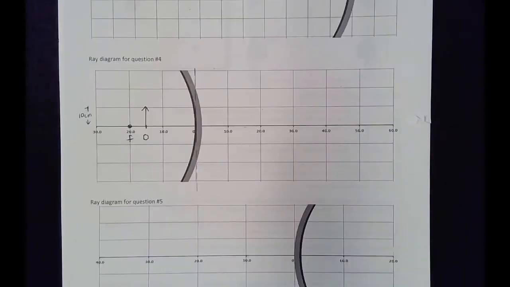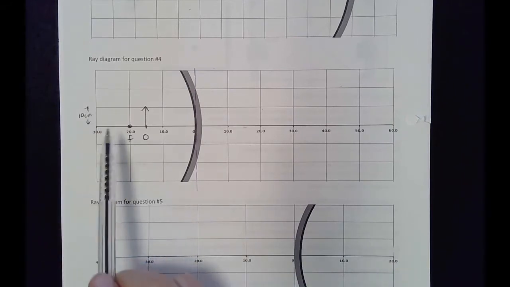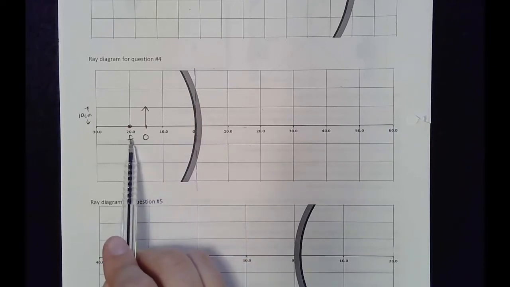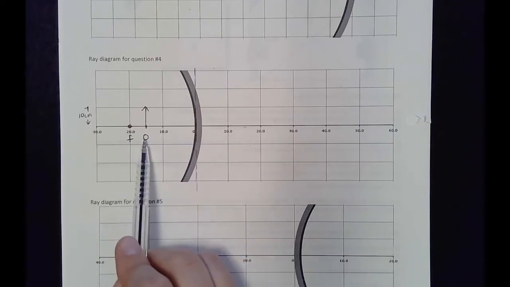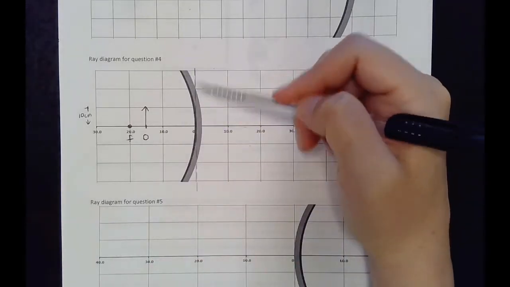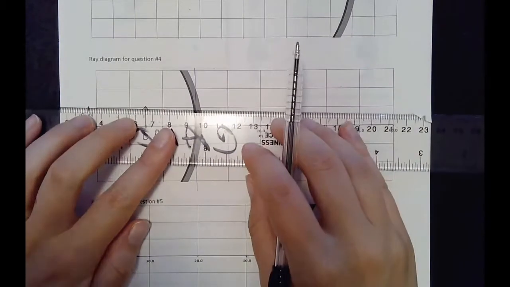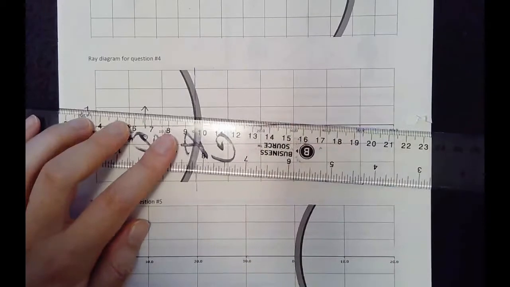Okay, let's look at how to do the ray diagram for a virtual image. So again, I'm using this 10 centimeter scale per box on the vertical side, and then I have the focal length at 20 and the object at 15 centimeters from this mirror, and I've drawn in this vertical mirror line to help the diagram again. Okay, so I'm going to start with the parallel ray.